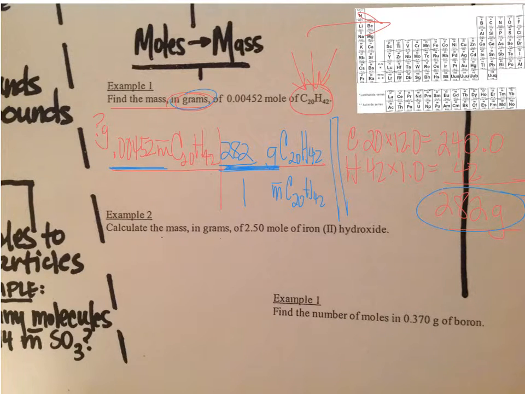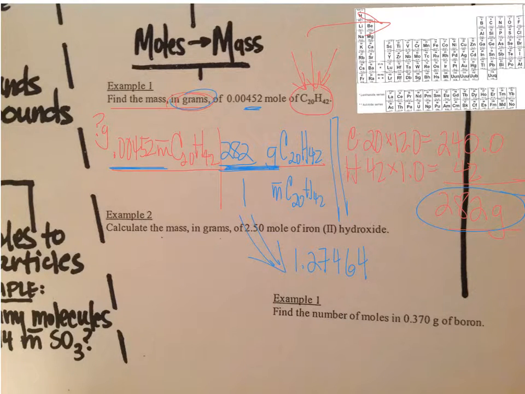And when you do that, you will get 1.27464. I'm running out of room, so I'm just going to put it down here. Now, that is the full answer from my calculator, but we can only answer in the smallest number of significant digits given.